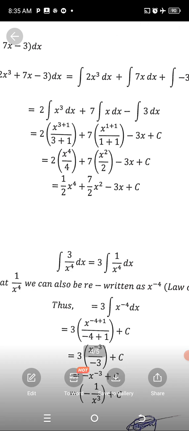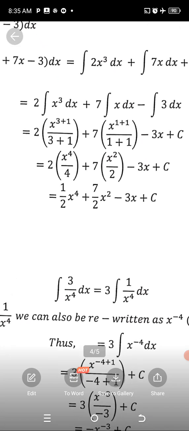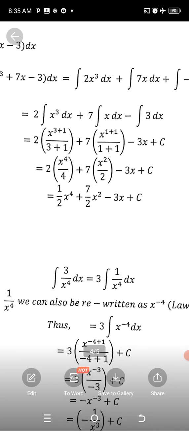And with the basic you've known, with the integration formula you've been given, you have all these answers, the antiderivative. So 2 into bracket x raised to power 3 plus 1 all over 3 plus 1, close bracket, plus 7 open bracket x raised to power 1 plus 1 all over 1 plus 1, minus 3x plus c.